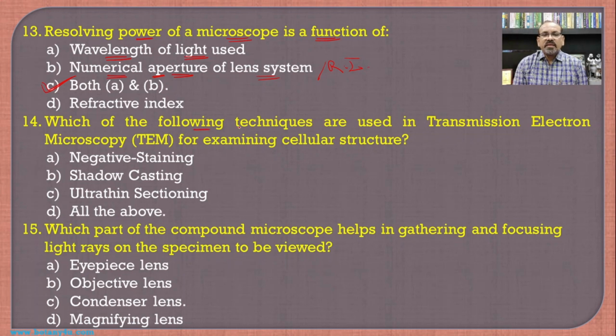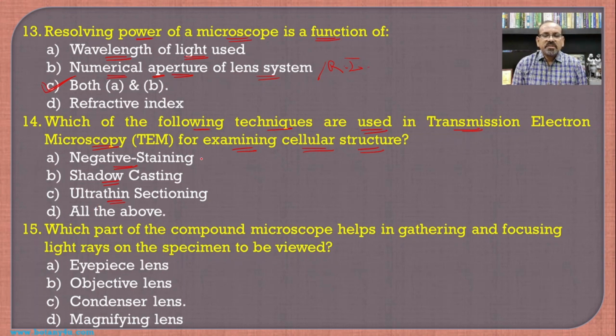Then which of the following techniques are used in transmission electron microscopy for examining the cellular structure? So in transmission electron microscopy, there is utilization of the negative staining, then shadow casting, and ultra thin sectioning also.